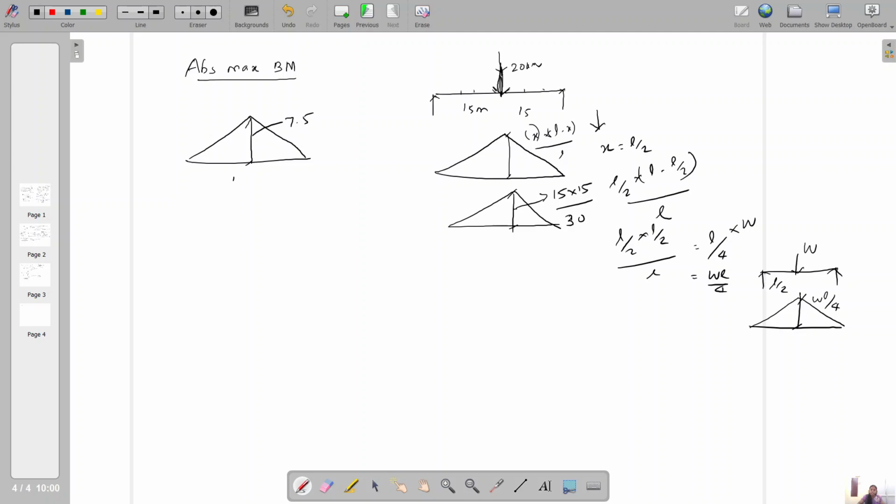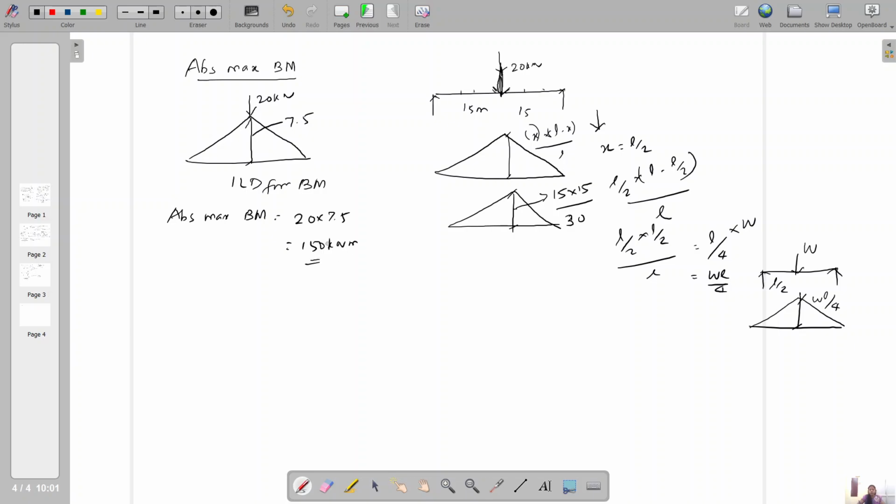This is the ILD for bending moment, and you superimpose the load 20 kilonewton and you calculate absolute maximum bending moment equal to 20 into 7.5. So it is 150 kilonewton meter.